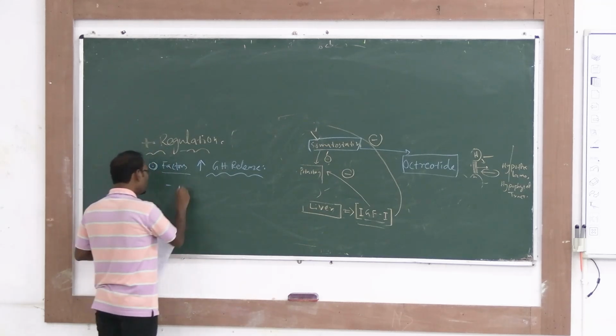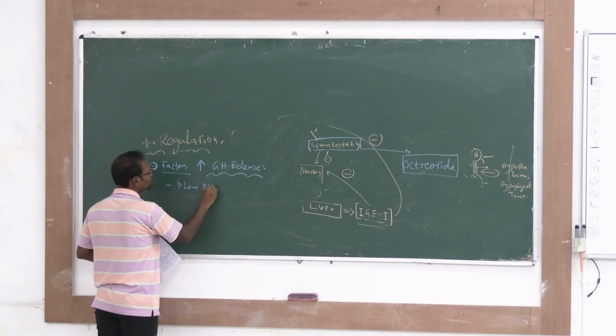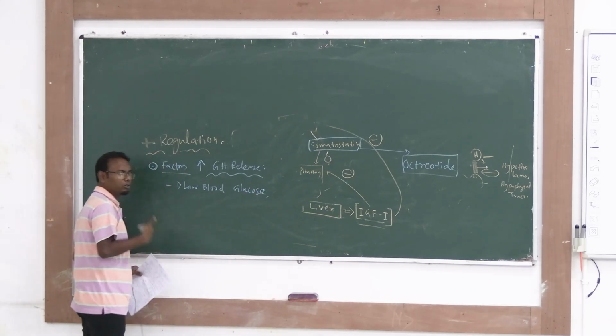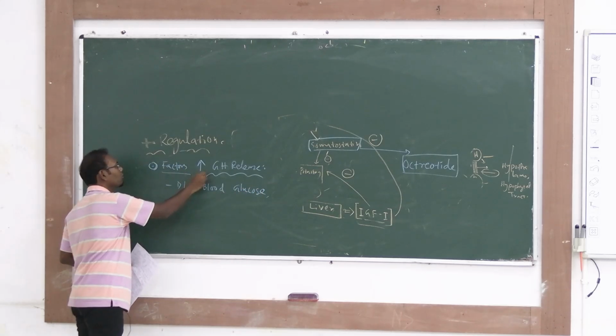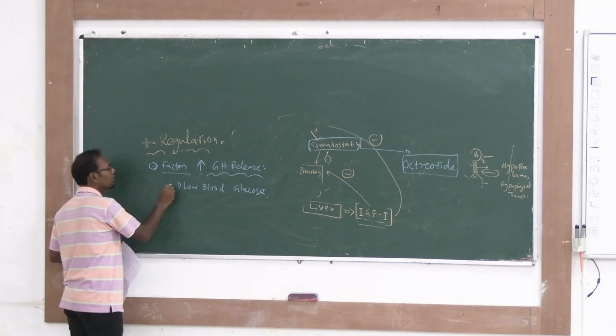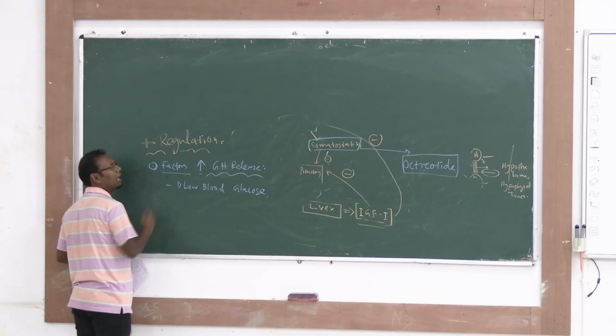Write, low blood glucose first. Low blood glucose, very important. Low blood glucose will always increase your growth hormone release, okay? This phenomenon is called hypoglycemia.